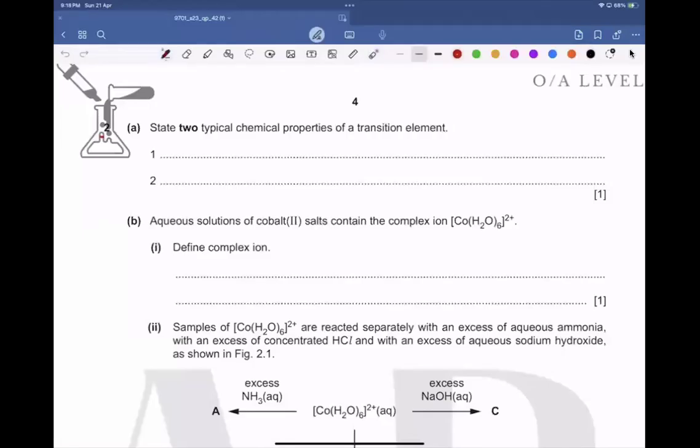Okay, so question number 2. State two typical chemical properties of transition elements. So if we talk about the typical chemical properties, the ones which you have been studying since your O levels or IGCSE, they have variable oxidation state.